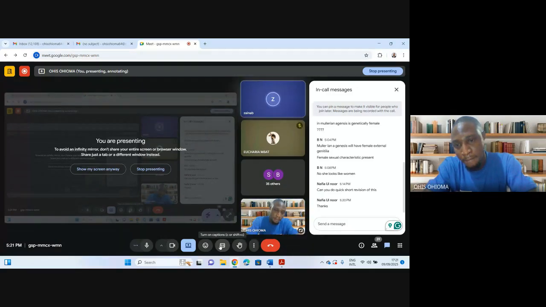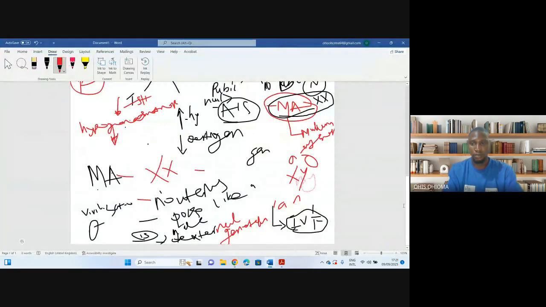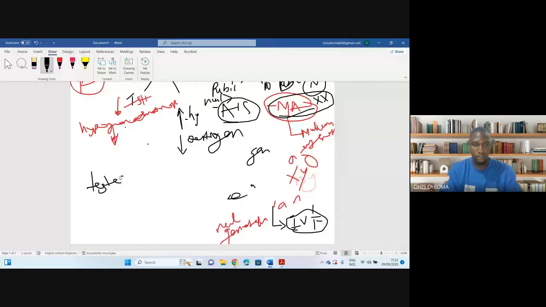Okay. Thank you. So I want to talk about 5-alpha reductase, and basically what happens in 5-alpha reductase is that testosterone is converted to its active form.